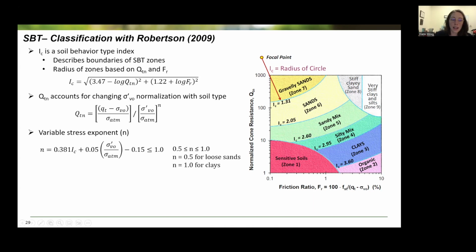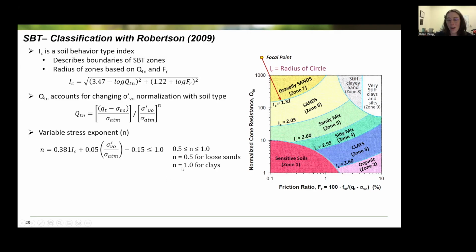So the calculation of N relates to I sub C. Based on the I sub C value, you go back and recalculate N, and based on the N value, you recalculate I sub C and the normalized cone tip resistance value. It takes a few iterations before they converge.